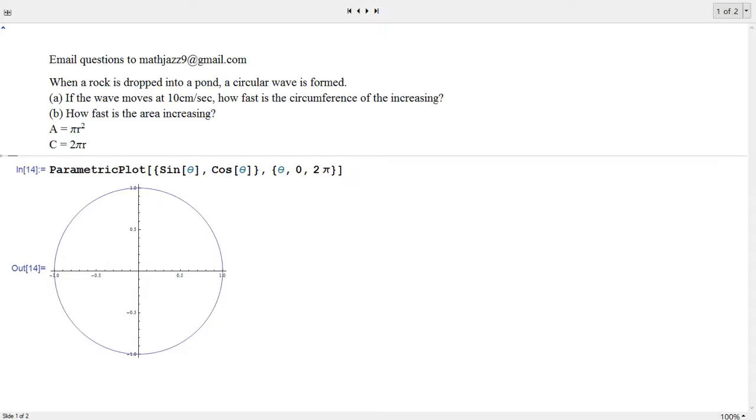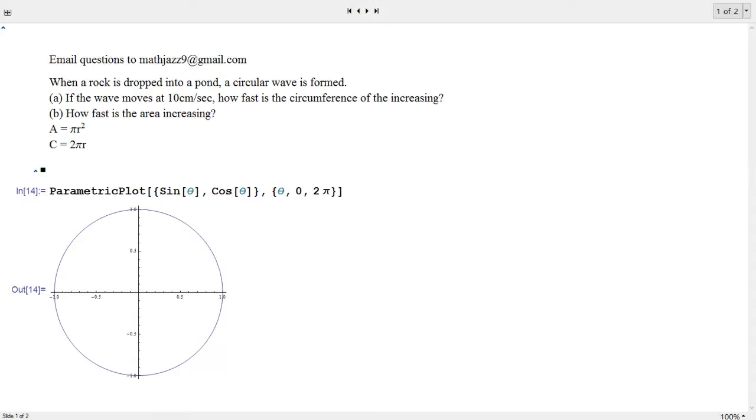So, in our part A, the first question is how fast is the circumference increasing?